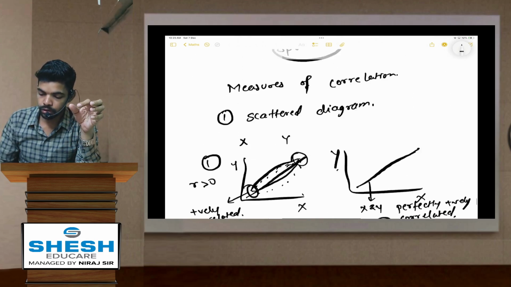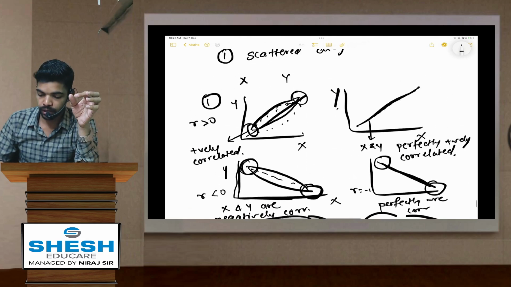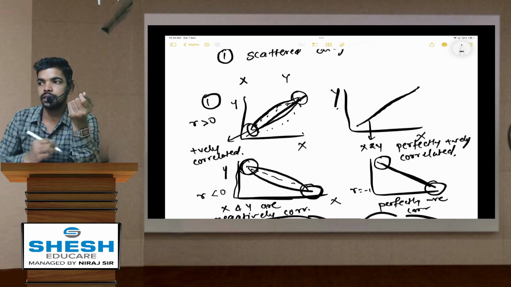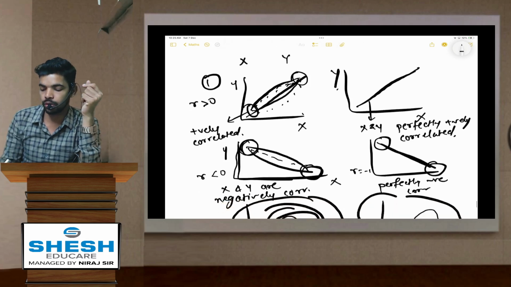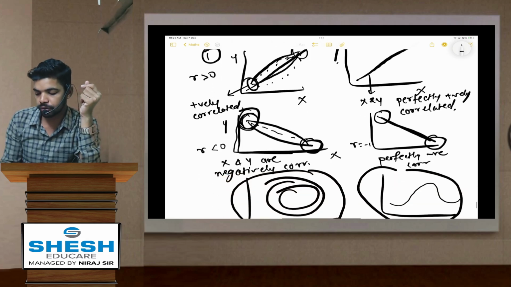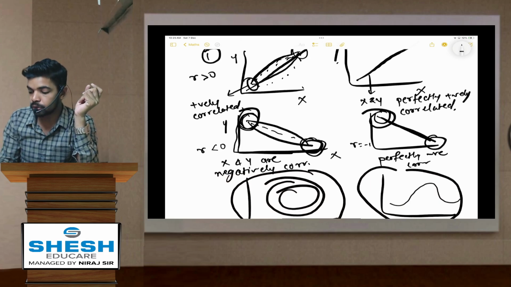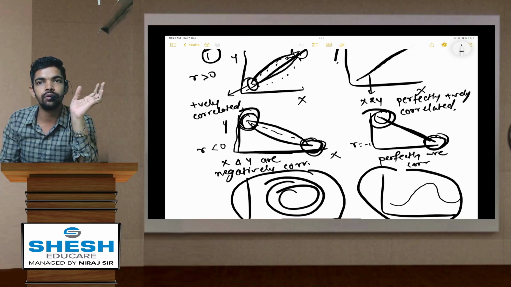So this was about the scatter diagram. There are 6 types. If the graph is from lower left to upper right, it is positively correlated; if it is a straight line, it is perfectly positively correlated. Similarly, upper left to lower right is negative correlation, and a straight line is perfectly negatively correlated.